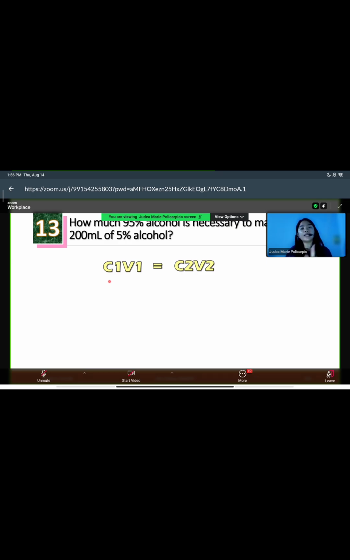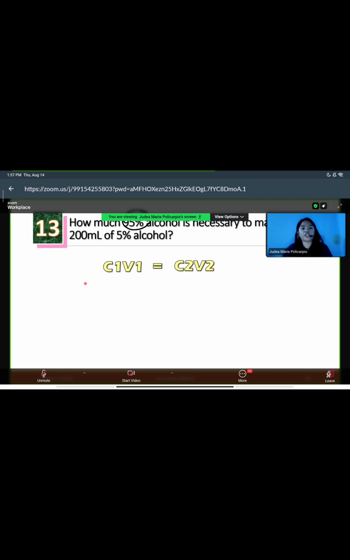Kung sino yung kauna-unahang concentration na makikita mo sa problem, siya ang gagawin nating C1. Based dun sa question natin, the first concentration that we ever saw on the problem is 95.